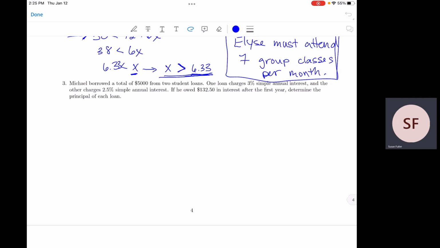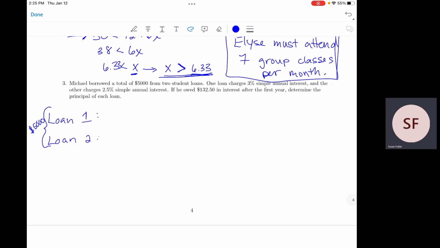I'm just going to make some notes here. 2 loans, so I'm going to have a loan 1 and I'm going to have a loan 2. I'm going to try to figure out what's going on with these. It's a total of $5,000, so I'm just going to make a note over here that these together add up to $5,000.